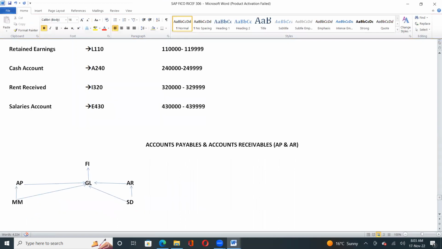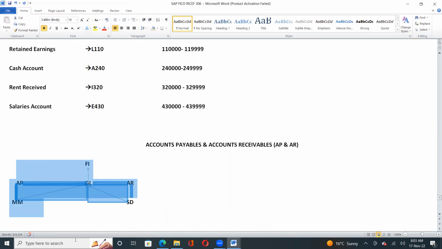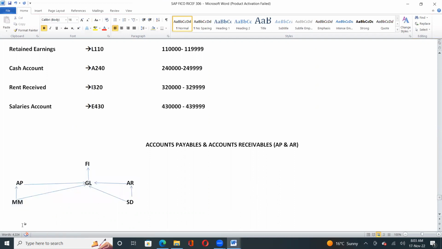So what we are going to talk about in the AP module is non-inventory based purchases.